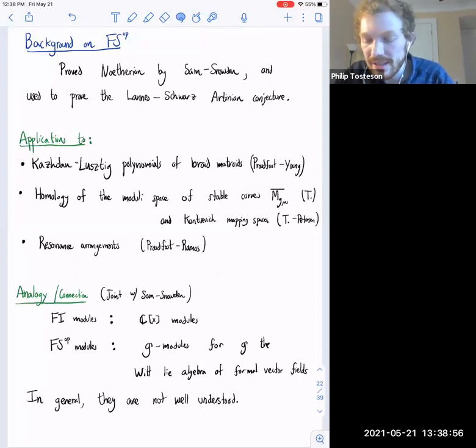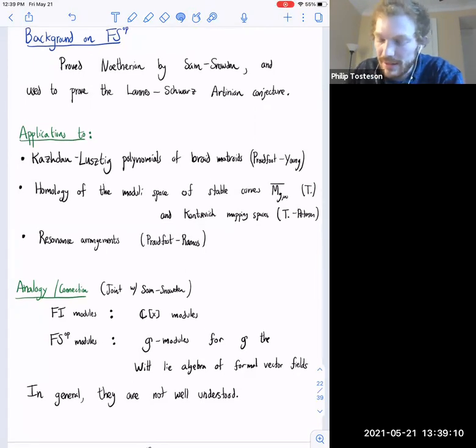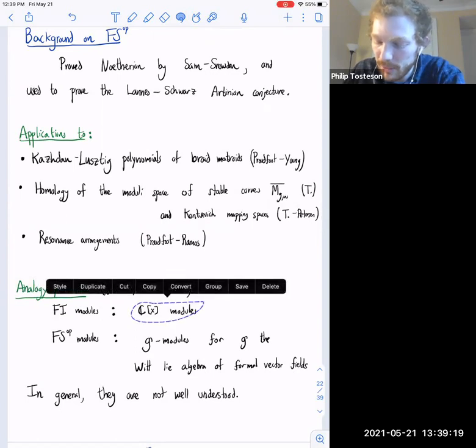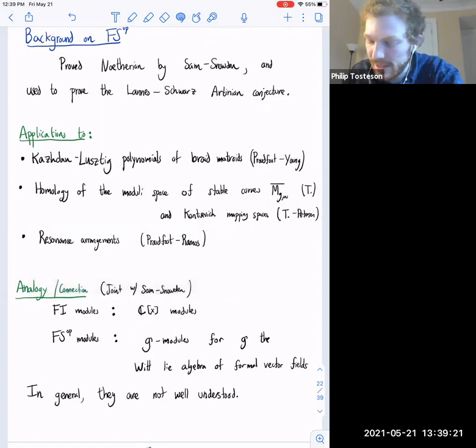The general philosophy is that things that are naturally FI modules in algebraic geometry often have compactifications that are naturally FS^op modules. And there's a surprising analogy and connection, which is joint with Sam Snowden, between FI modules and the polynomial ring in one variable, and FS^op modules and a certain Lie algebra, the Lie algebra of formal vector fields on the unit disk.